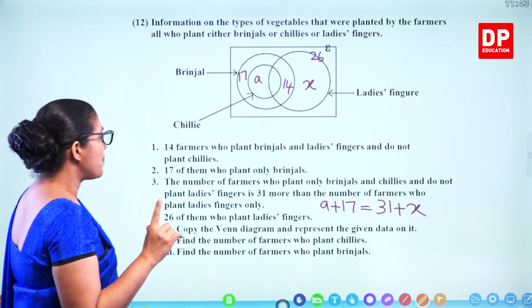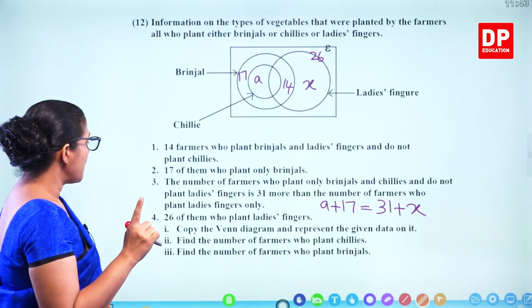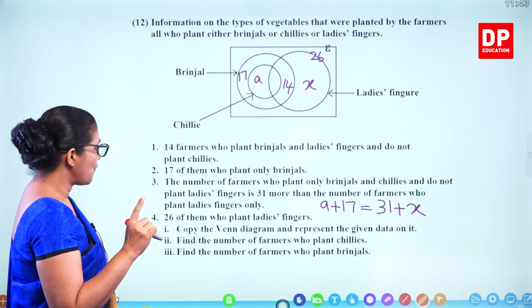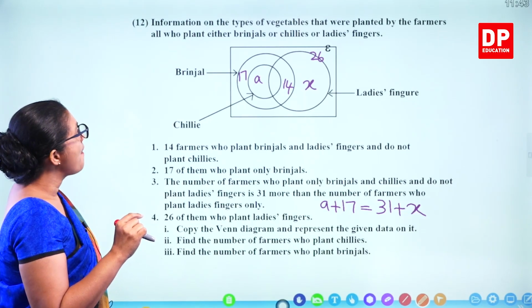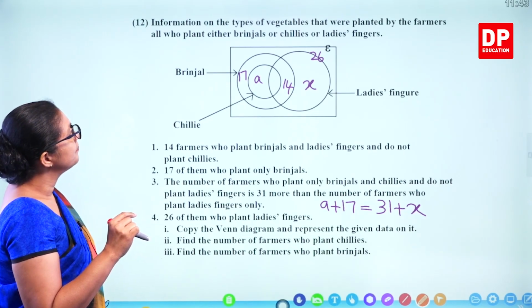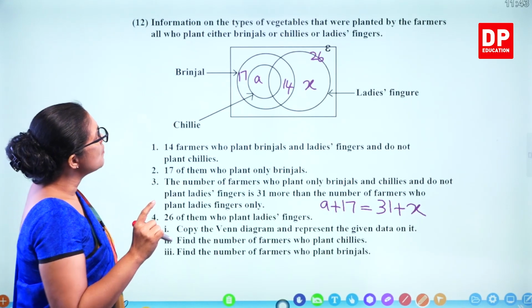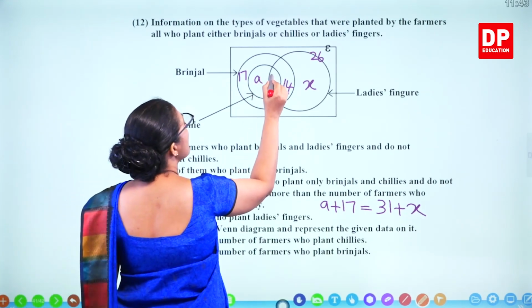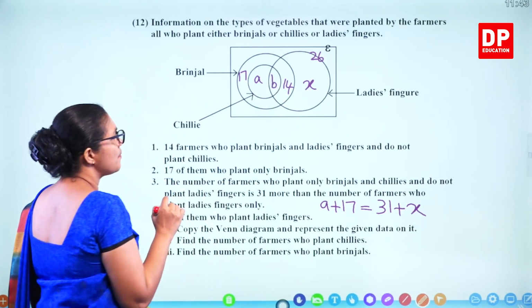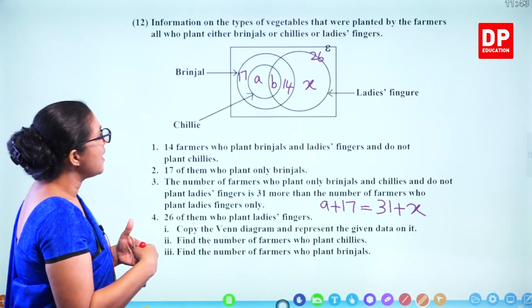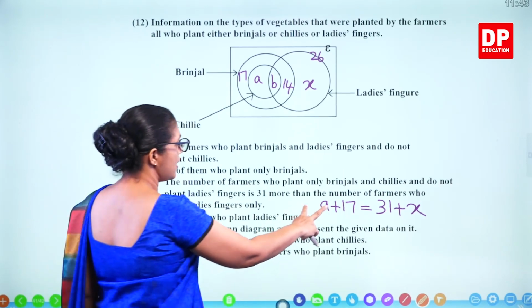Copy the Venn diagram and represent the given data on it. Find the number of farmers who plant chilies. Find the number of farmers who plant brinjals. Now we'll try to find these values. We'll put another letter here, B or something. Now we'll try to connect and write down equations. So we have one equation.